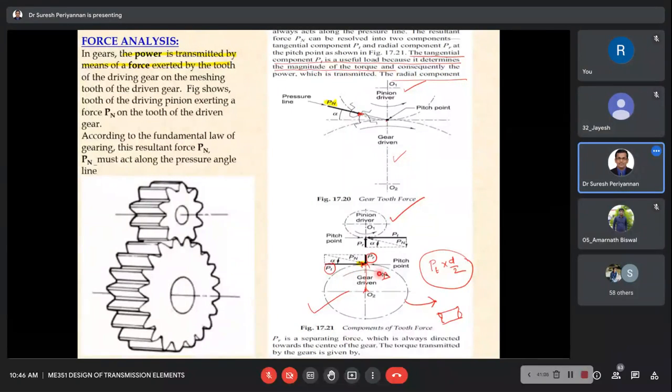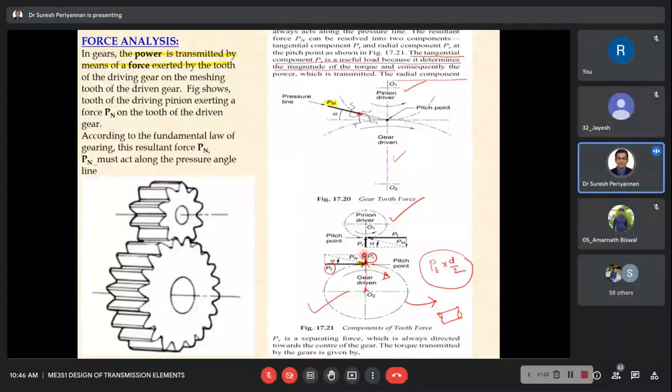When this gear rotates clockwise and its teeth engage with the pinion teeth, the force PT acts in this direction and PR acts in the upward direction.